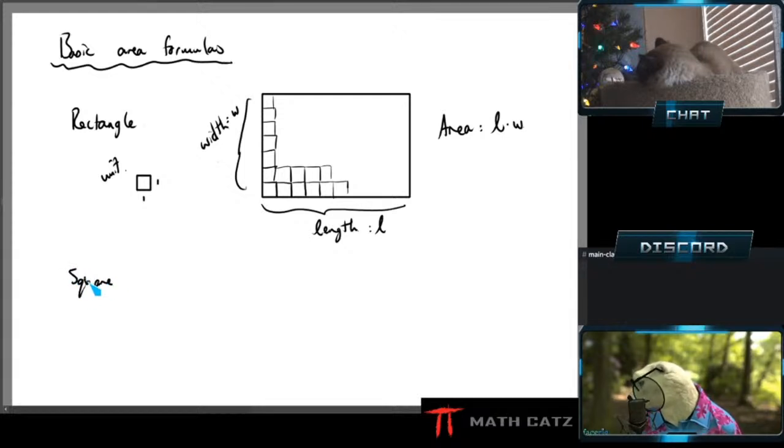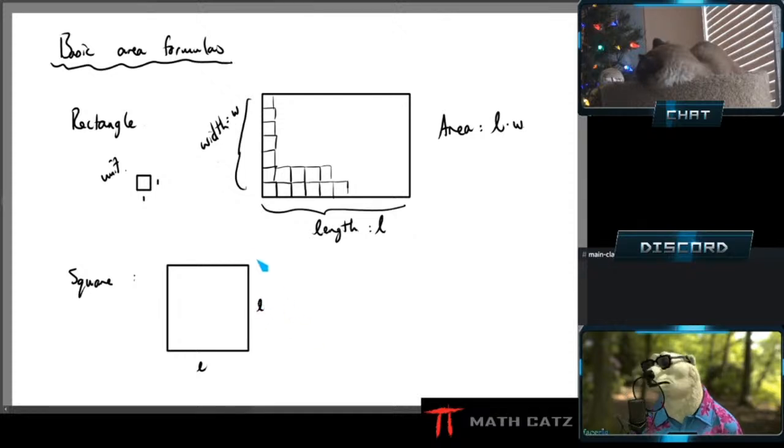The simpler, more restrictive version of the rectangle is of course my square, just a special rectangle really. The formula would not differ, but it is a simpler formula in that all the side lengths are the same. Then the area will be L times L, or L squared, side length squared.